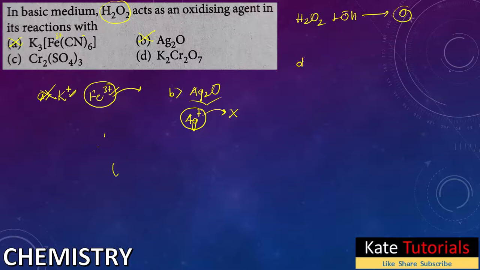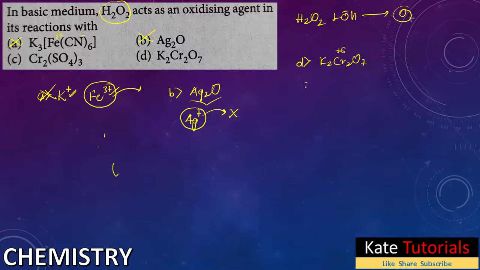Talking about D, see what is there in D? K2Cr2O7. If you see the oxidation state of chromium, you know how to calculate. 7 oxygens at minus 2 are minus 14, so minus 12, plus 12, 12 divided by 2 is nothing but plus 6. So this is the shortcut method I will use. If you are not comfortable with that, you will do it like this.